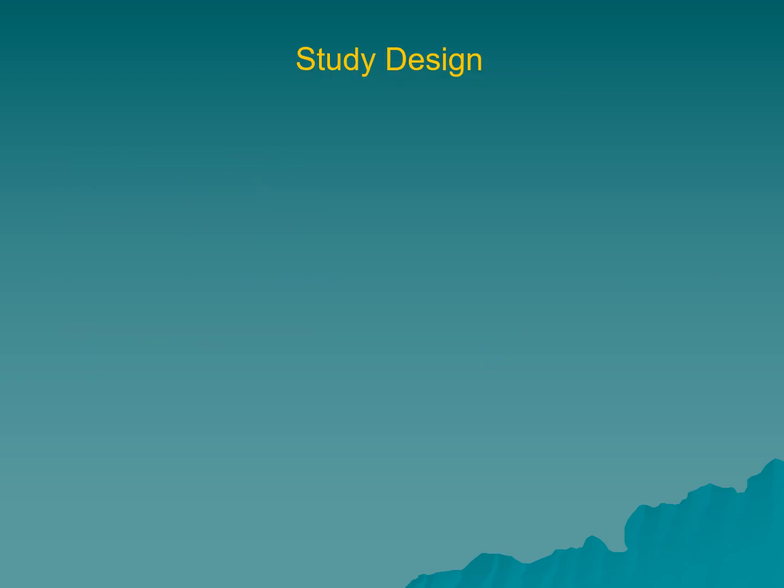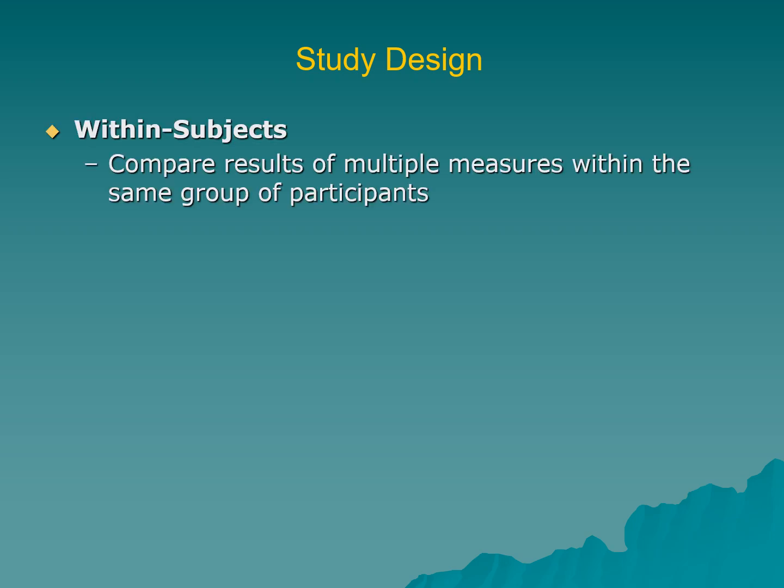Now let's talk about study design. The first kind is called within subject design. This kind of design usually compares results among participants who are within the same group. For example, if you conduct a study and recruit only college freshmen, then that will be a within subject design.